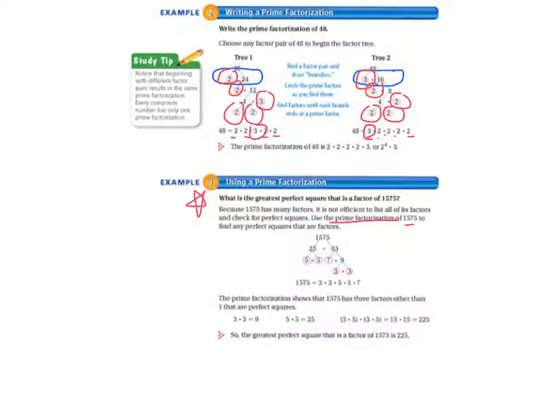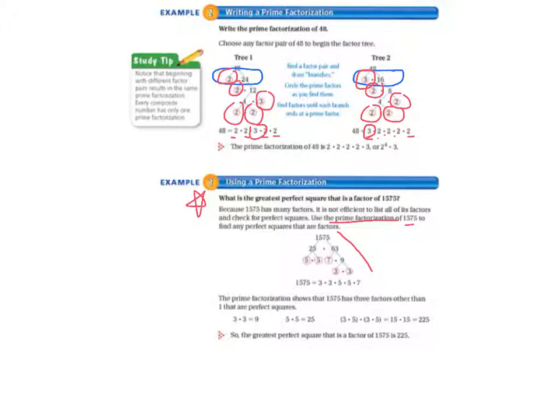So, if you look at the factor tree, you see that we have 25 times 63, and then the prime factorization turns out to be 3 times 3 times 5 times 5 times 7.